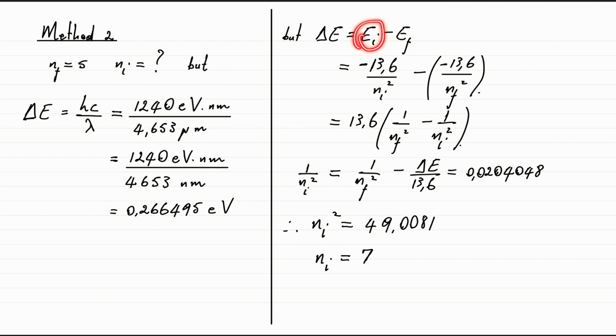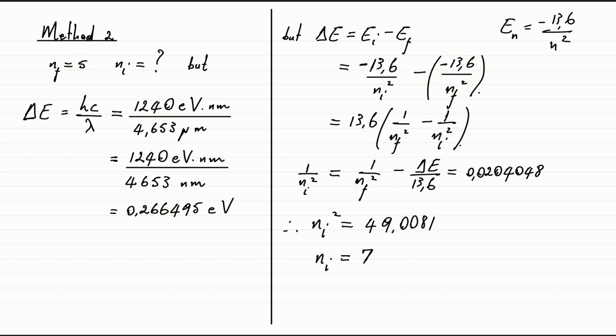Remember, the energy spectrum of a hydrogen atom is given by E sub n equals minus 13.6 over n squared. So when we're in the initial energy level, the energy corresponding to that level is going to be minus 13.6 divided by Ni squared. But the final one we know is 5. So we can substitute that in there.